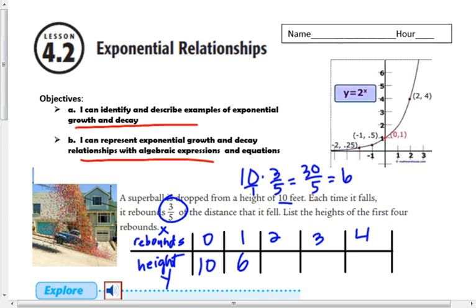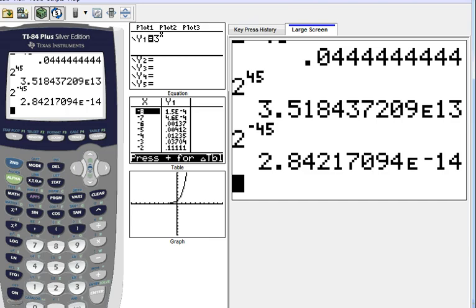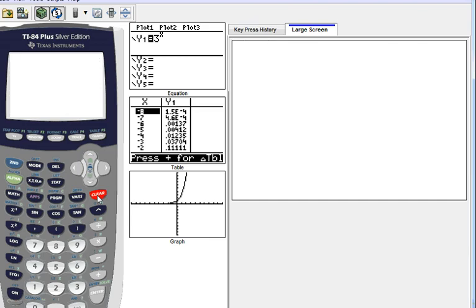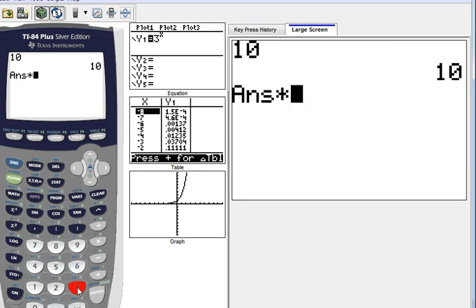Okay, on our second rebound, we're going to rebound 3/5 of that distance. I'm going to use my calculator to get the rest of these now, and take note of how I do this. The 0th rebound is 10. I'm just going to enter that. Then we're going to multiply by 3/5, and I'll just use the divide symbol to do that. So multiplying by 3/5 once is 6.